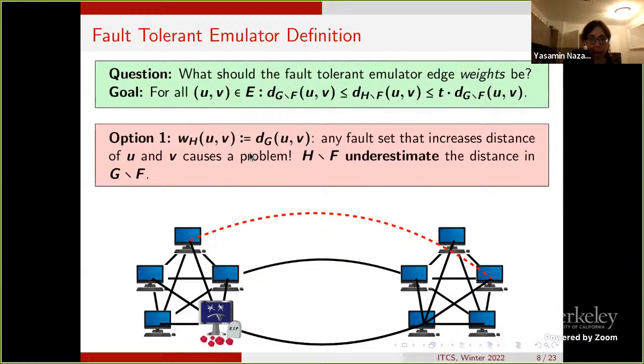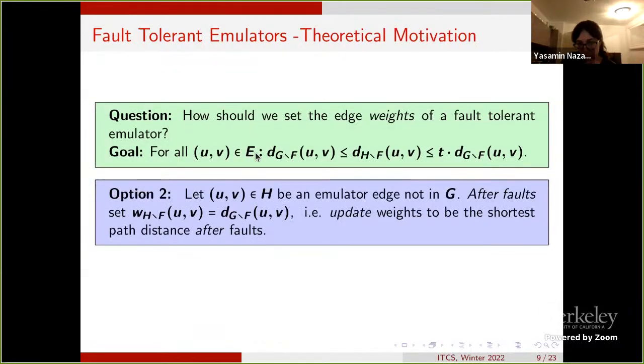So the alternative is to do the following. Let's say UV is an emulator edge that was not in G, and we define the edge weight to be the shortest path distance after faults. So the weight of this edge is d sub G minus F of UV.